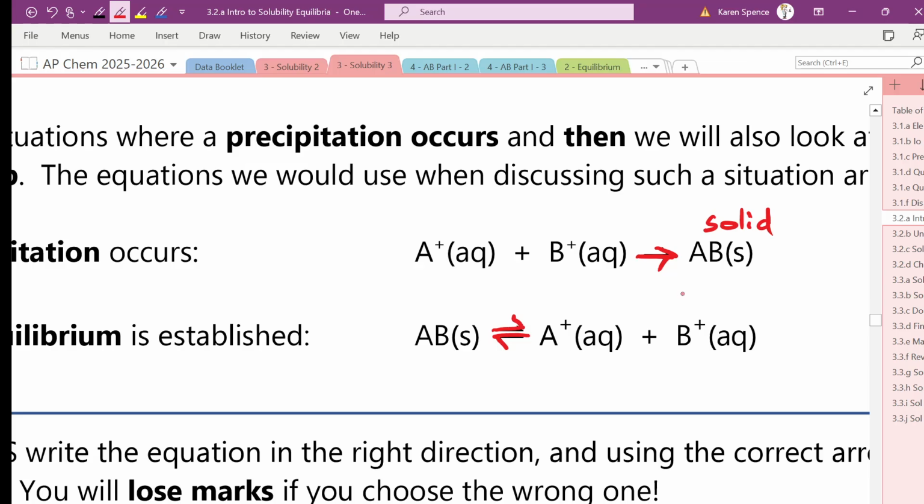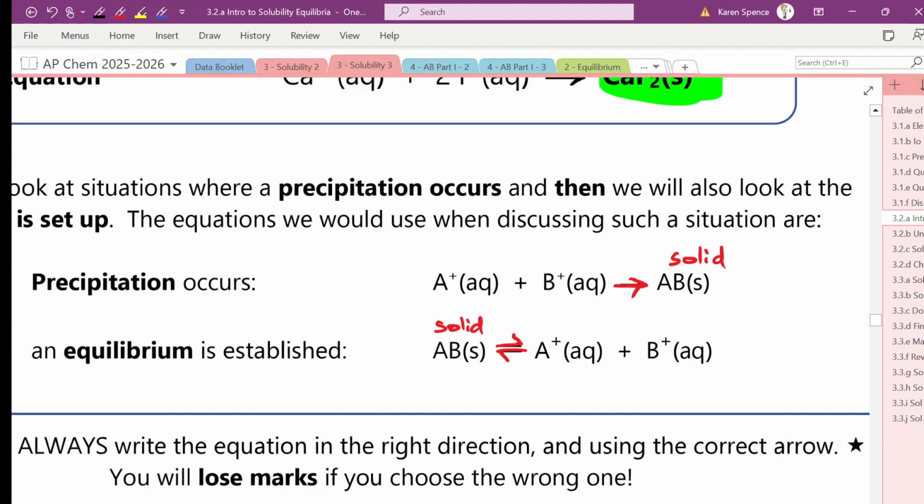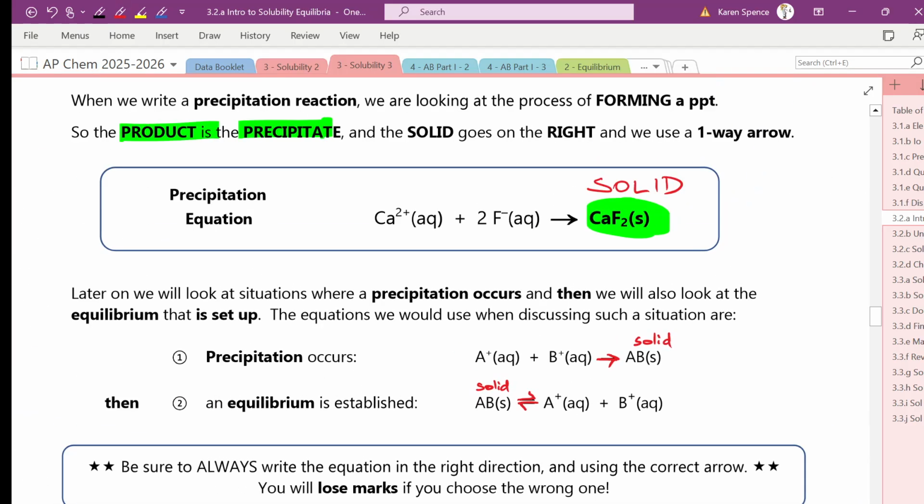You would never have your equilibrium there. Okay, so there's our solid. Our precipitation equation has the solid on the right, and it is always a one-way arrow.